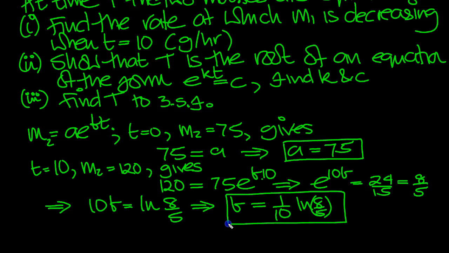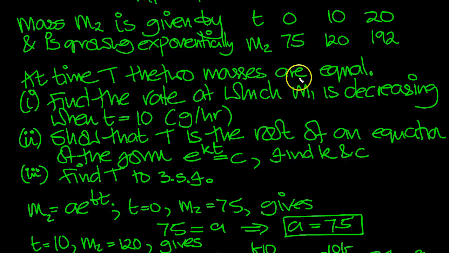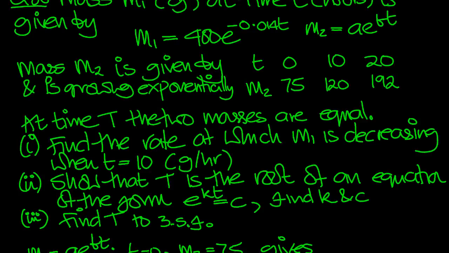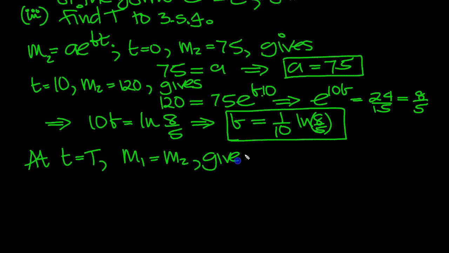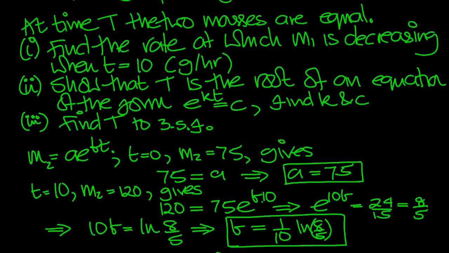So we've got a and b for m2 now, which was helpful. Now let's go back to our question. We know at time T the two masses are equal, so I'm going to use that piece of information as well. At t equals T, m1 equals m2. I'm just working my way through all the information from the question before I even think about answering it.